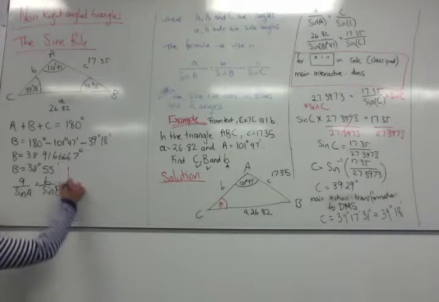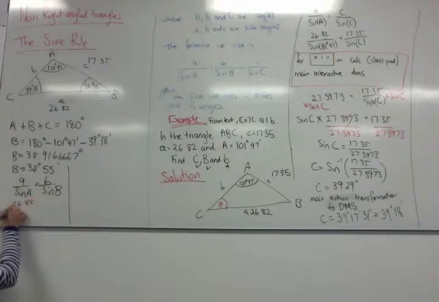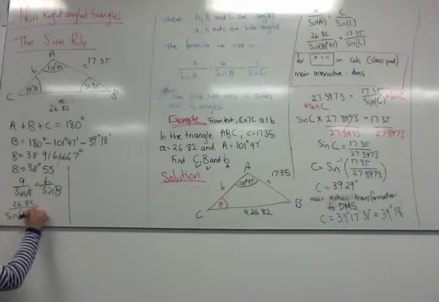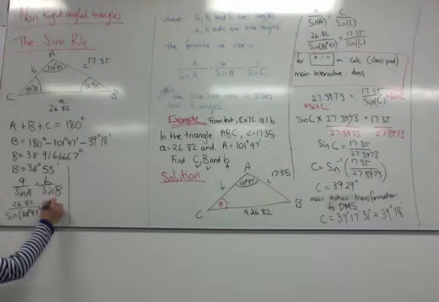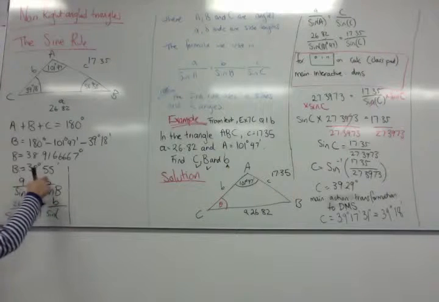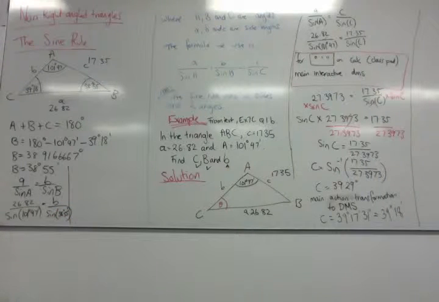And you come out with a was 26.82 divided by the sine of 101 degrees 47 minutes, which is equal to b over the sine of B, which now is 38 degrees 55 minutes.